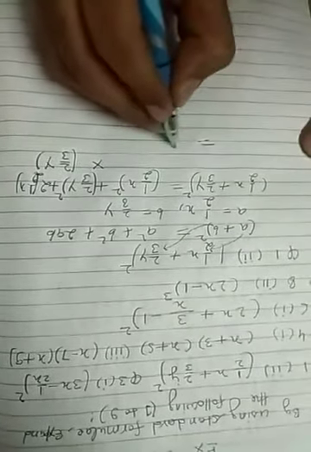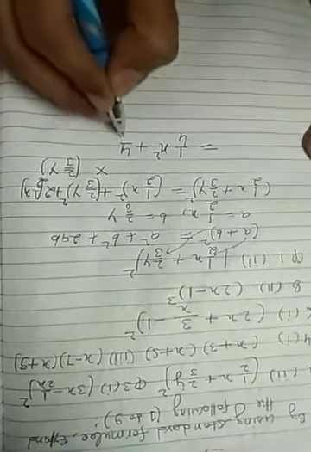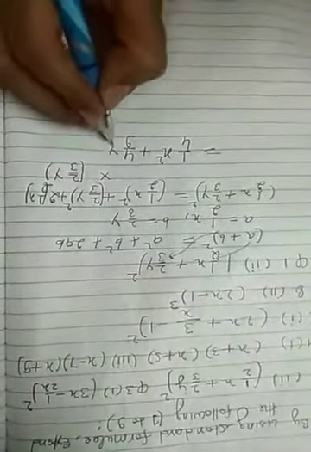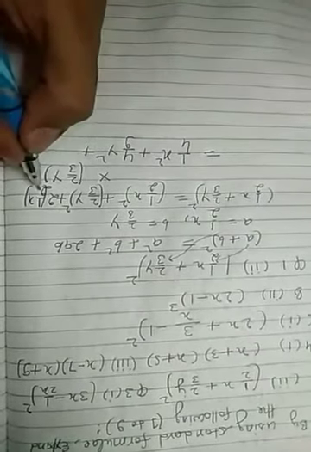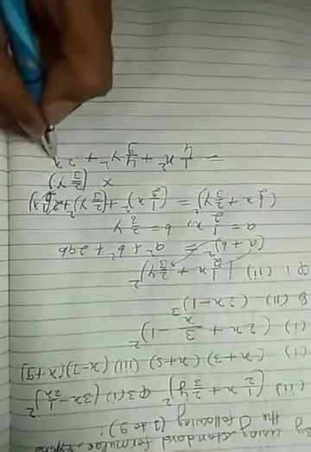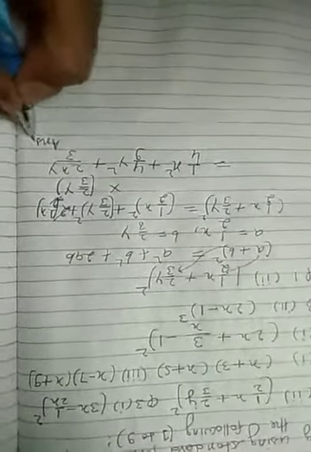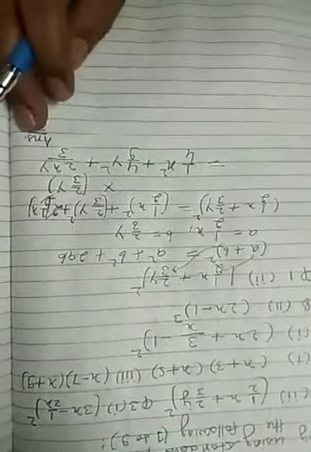After simplification we get 1 upon 4x square plus 4 upon 9y square plus, here 2 and 2 cancel out, 2xy upon 3. So this is the final answer. No need for further simplification.